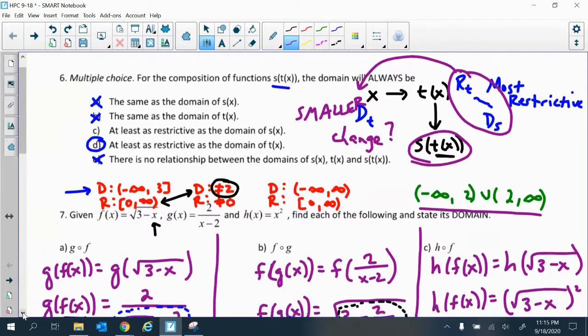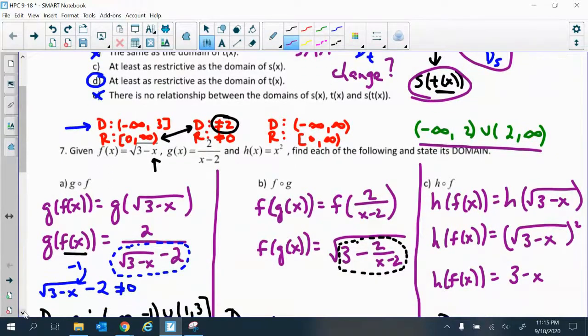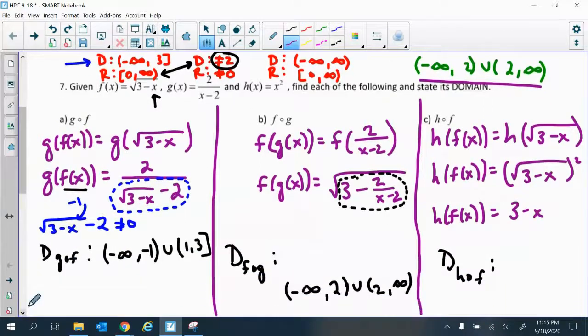So when I go back to this, notice that originally I knew that I wasn't allowed to have 2 be part of the domain. But now what I'm noticing is that this 2 actually has to be replaced with a little bit more restriction. I can't have anything from 2 to 8/3.